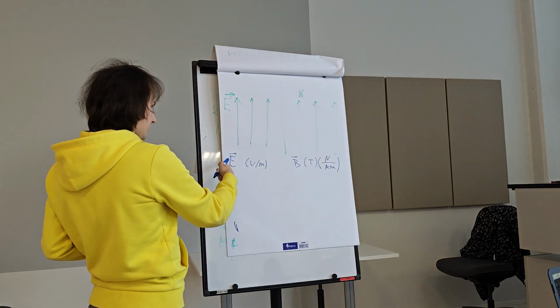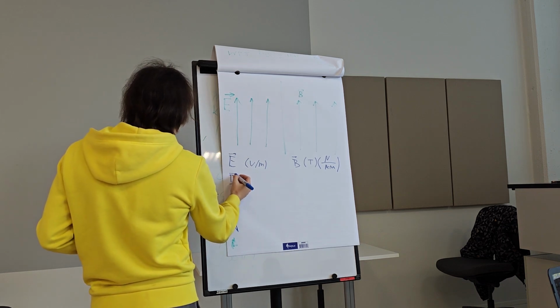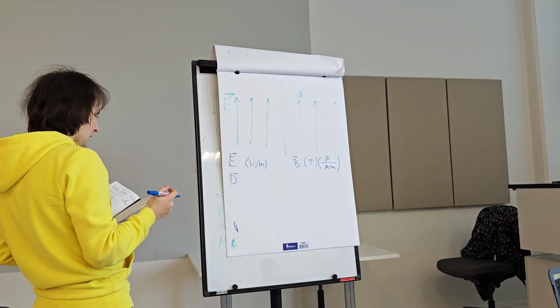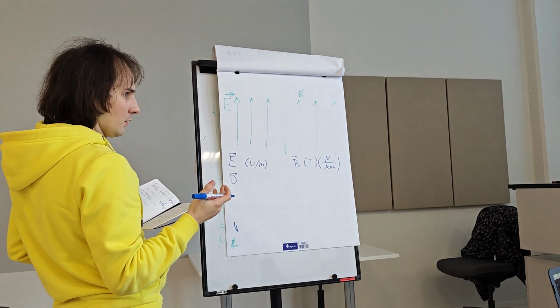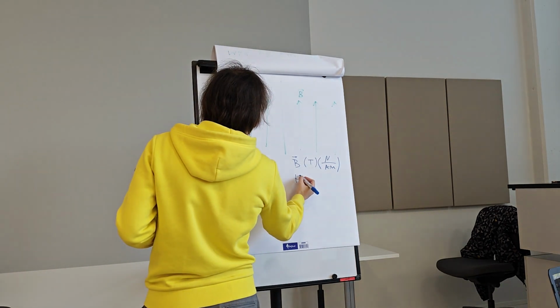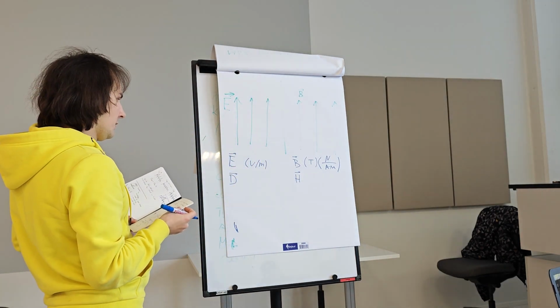In addition to this vector E and vector B, there are vector D, which is the electric displacement vector, also quite often referred to as polarization vector, and vector H, which is the vector of magnetic field strength.